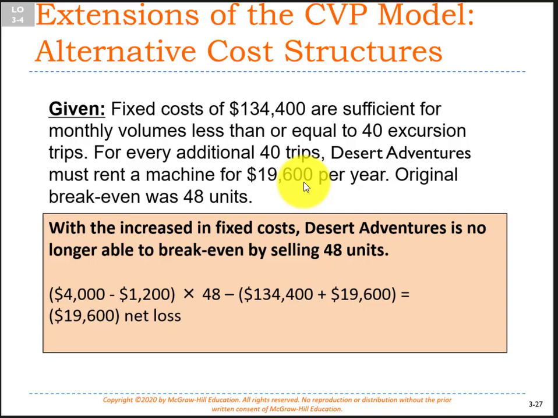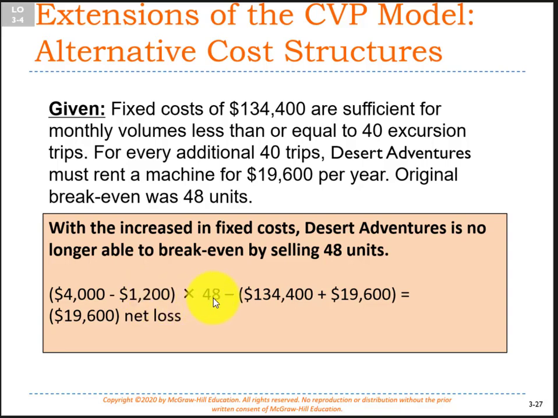Your break-even point was 48 before, but now with this additional cost, however you want to think about it, when you calculate your contribution margin here, that's 2,800, right? 4,000 minus 1,200, 2,800 that we've used all along.